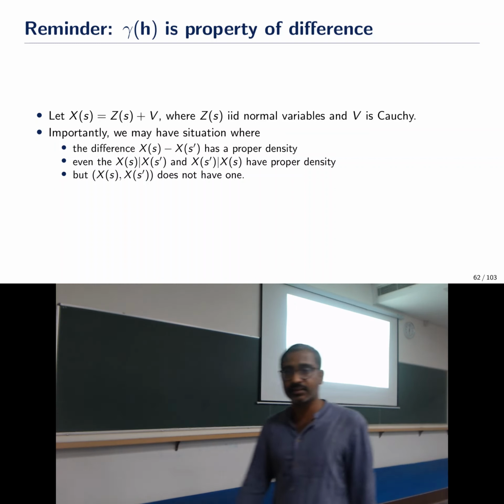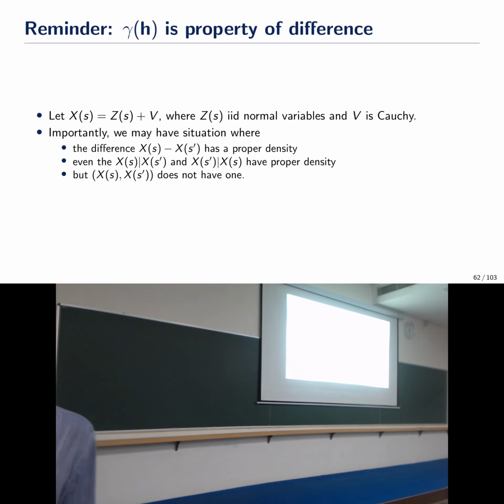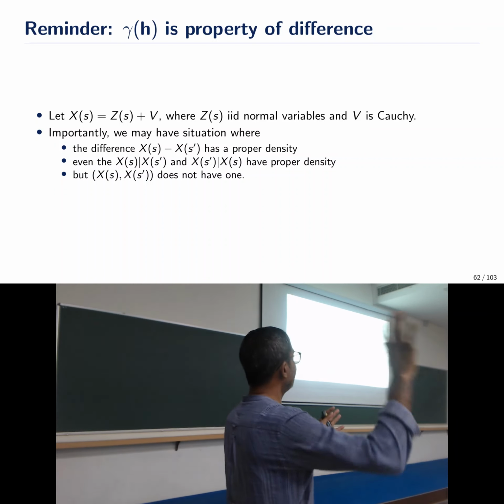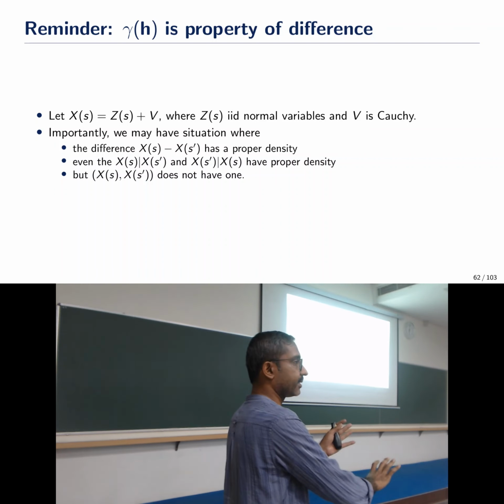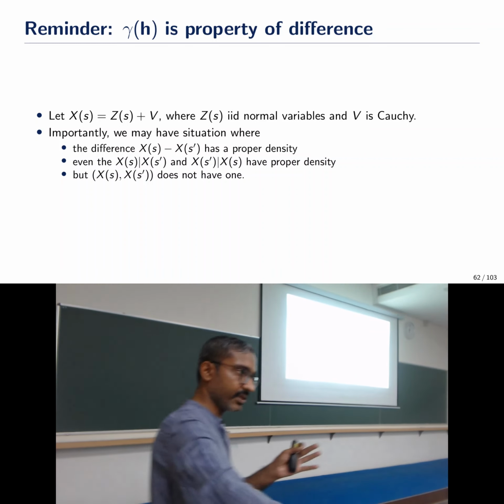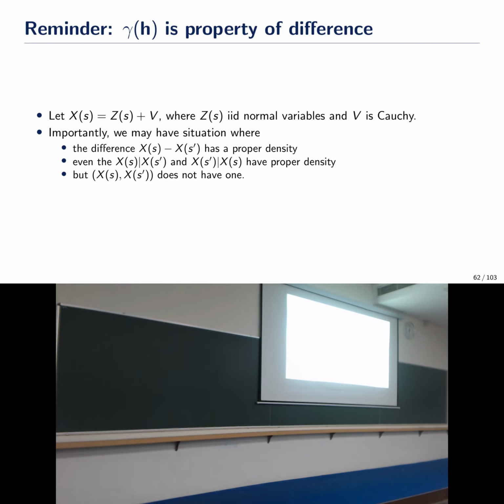There are examples with that, and that's a very big problem. Just to remind us, if you are working with intrinsic stationary distributions, you can only talk about the difference, provided something happened.